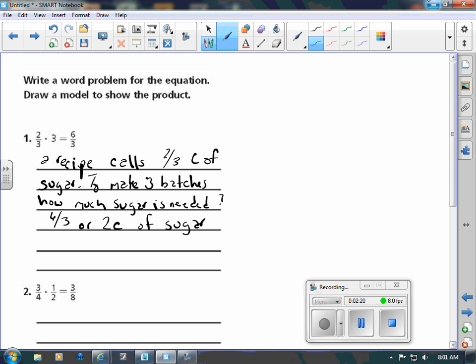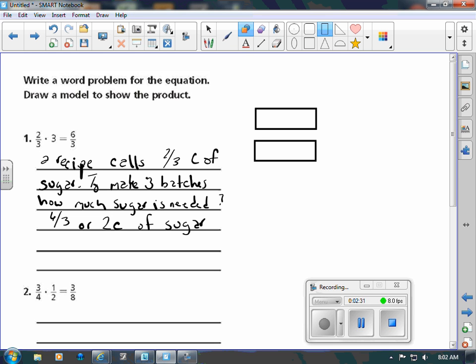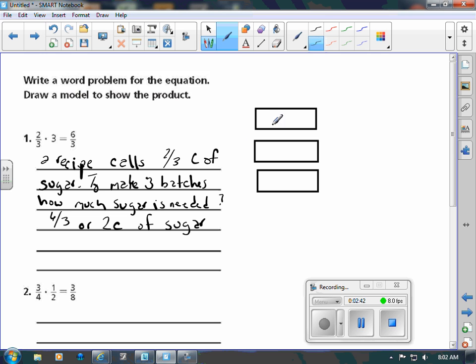Okay, again, you could draw this out and represent it with a drawing. Those are fairly equal. And then think about that I need 2/3 of that.